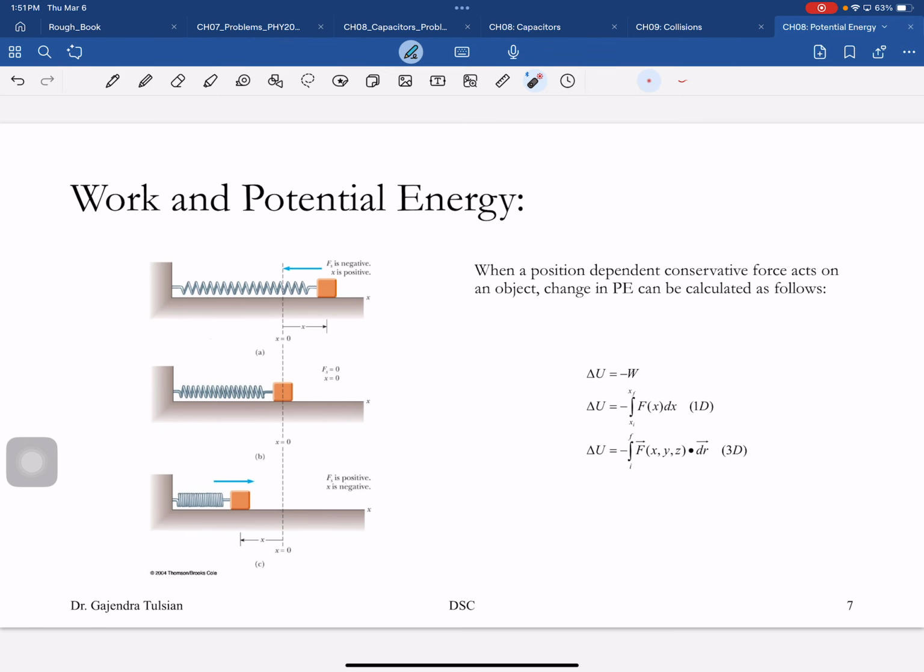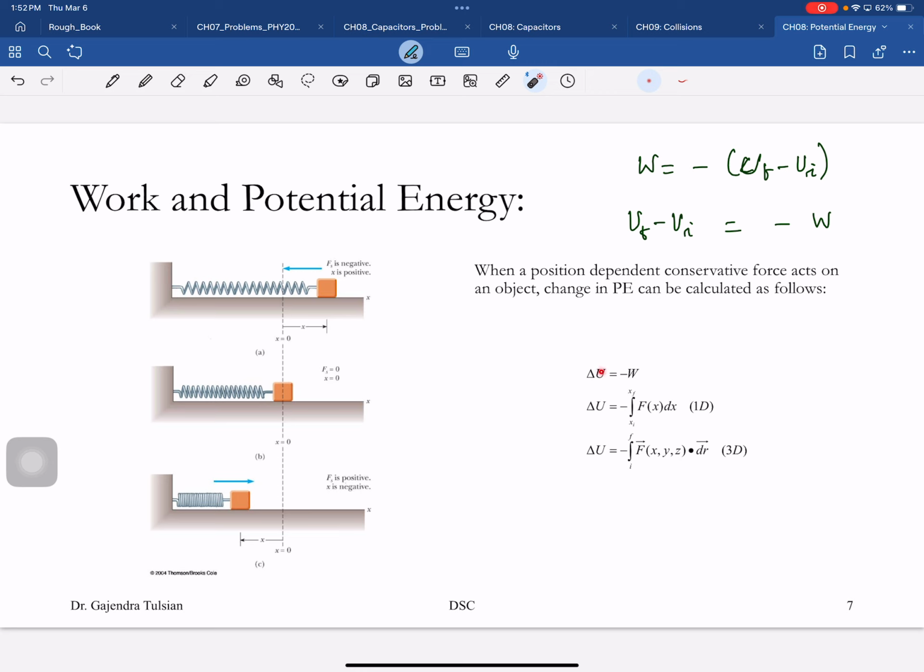All right, so now we'll calculate the spring potential energy first. The work done by conservative forces: delta U is U final minus U initial, so U final minus U initial is equal to minus the work done by that force. So that's what we've written.